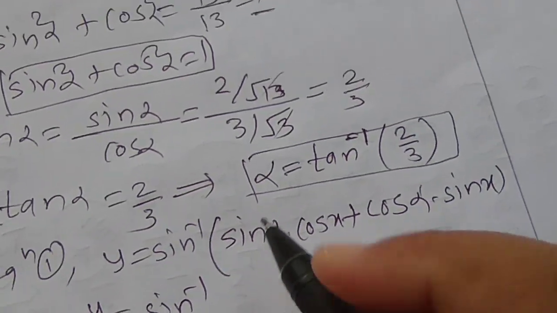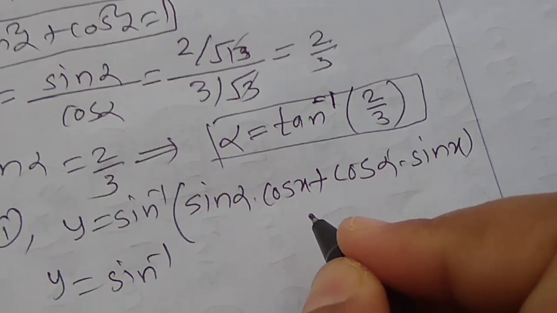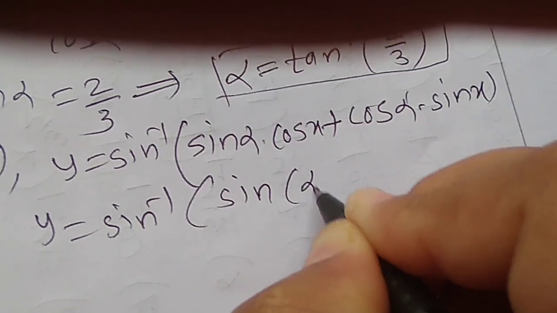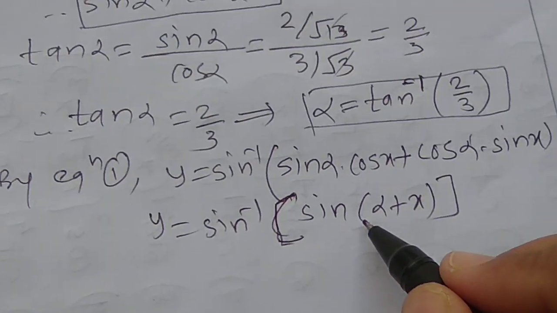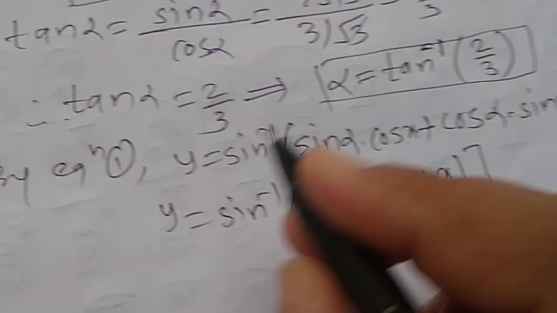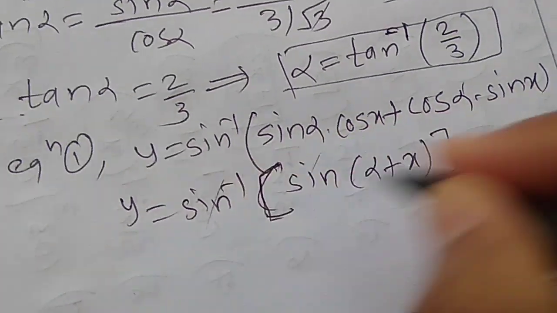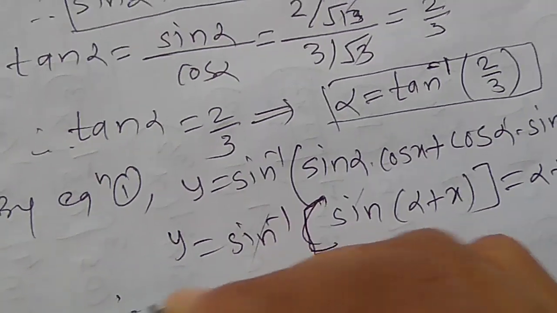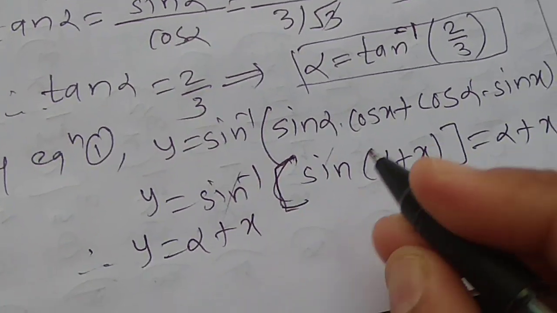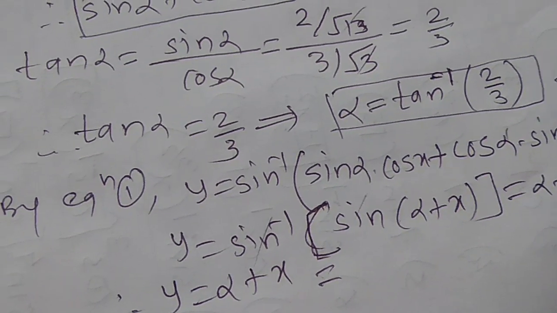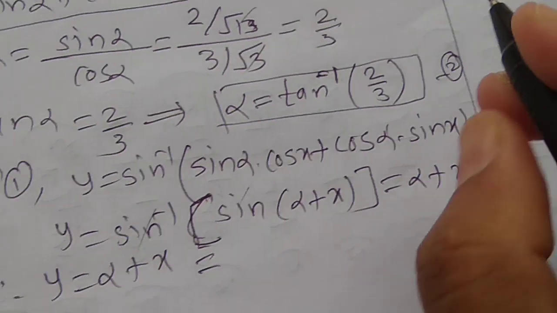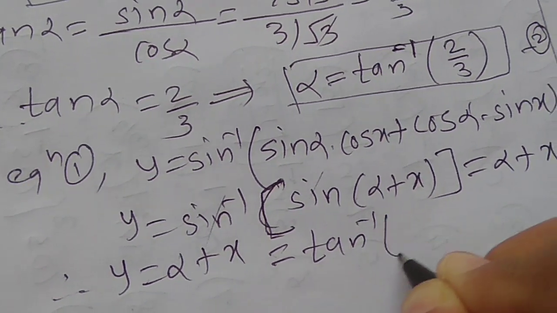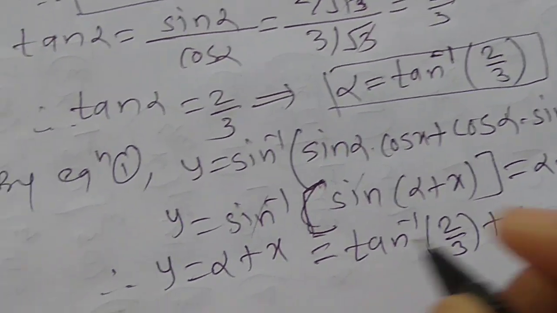But we have the formula sin alpha into cos x plus cos alpha into sin x, it means sin of alpha plus x, and therefore here sin inverse of sin gets cancelled and we will get only alpha plus x. Therefore y is equal to alpha plus x. But here again we have to put the value of alpha by equation 2, tan inverse of 2 by 3. Therefore tan inverse of 2 by 3 plus x.